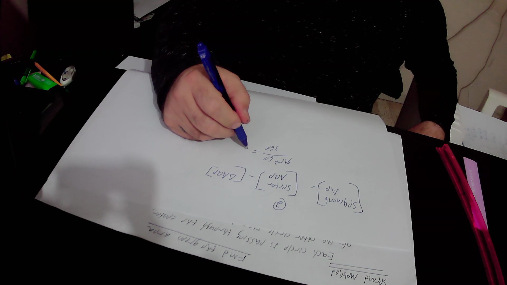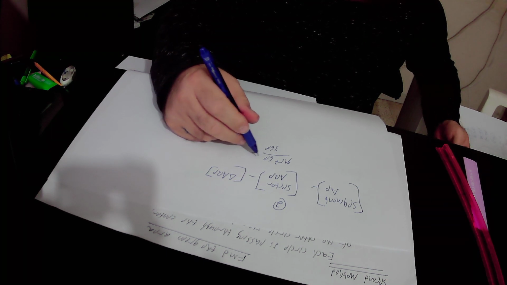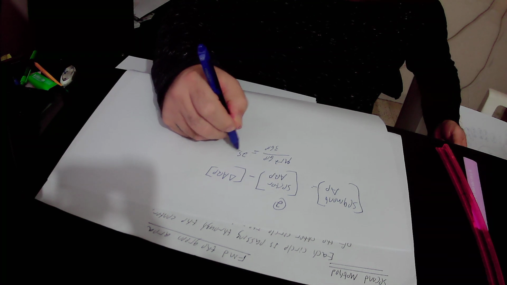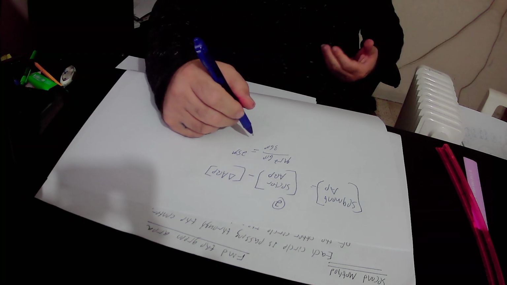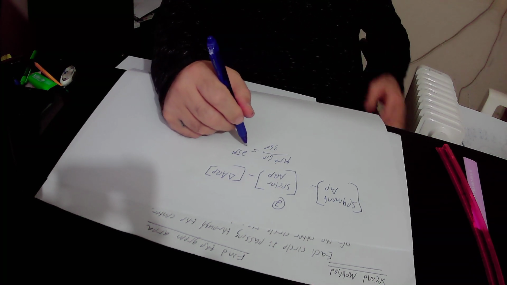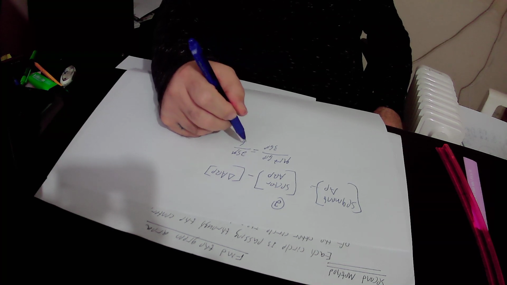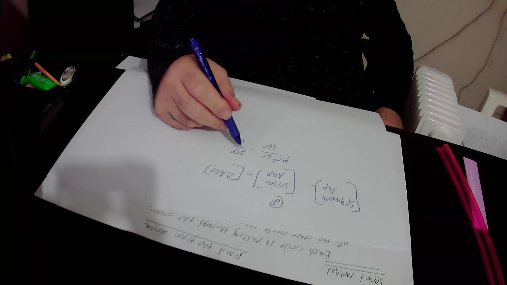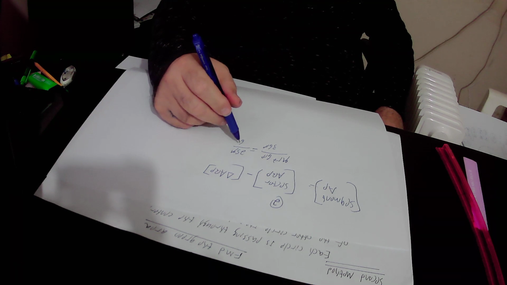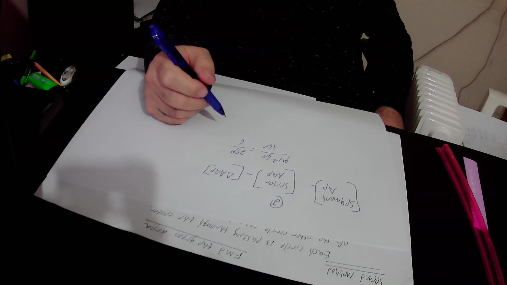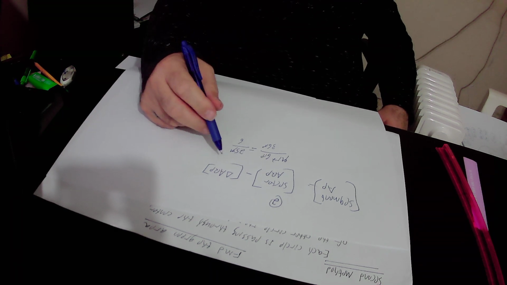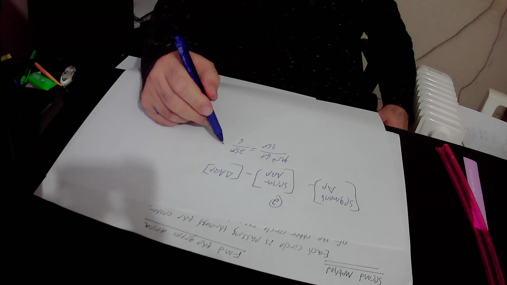R equals 5, so r squared is 5 squared, which is 25, so in the numerator we have 25 pi, and 60 degrees over 360 degrees is 1 over 6, so the area of sector AQP equals 25 pi over 6 square units, and we also have to subtract from it the area of triangle AQP.